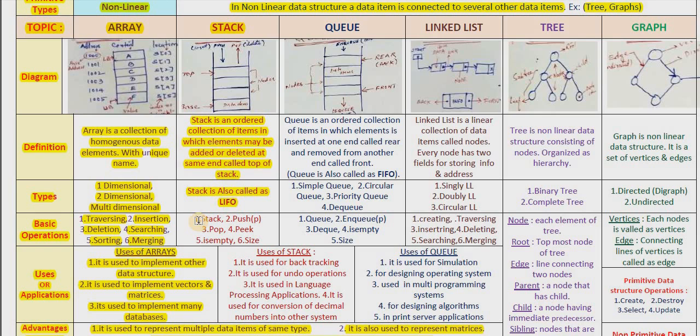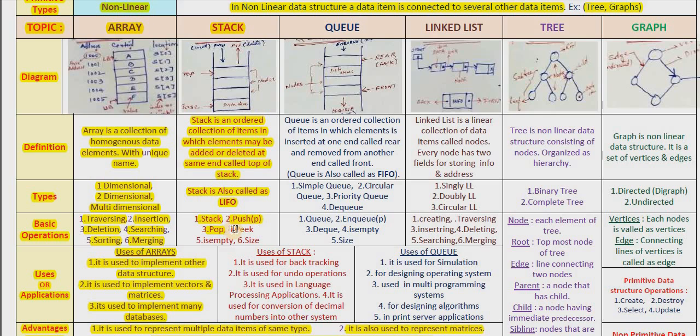Next, this is very important: basic operations on stack. There are six basic operations of a stack. First is stack, which creates an empty stack in memory. Next, push operation inserts or adds the value on the top of the stack. Then pop removes or deletes the value from the stack.